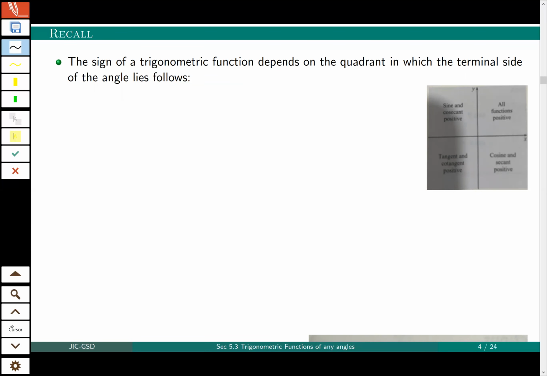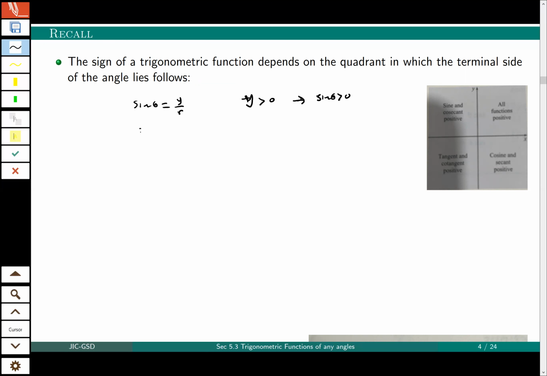Now, if we consider the trigonometric function, when we say sine theta, it's y over r, means when sine is positive, y will be positive. So whenever you have y positive, that means sine theta and cosecant theta is positive.